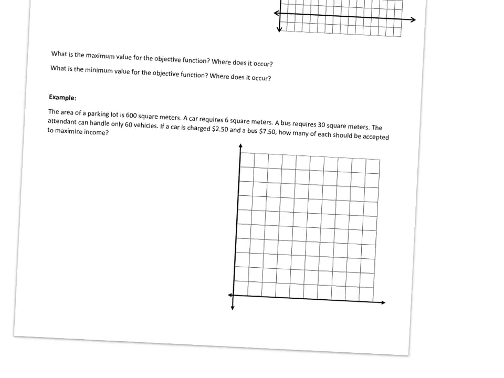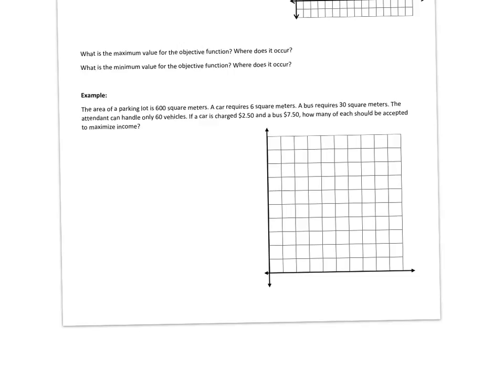So now let's look at this example, and I'm going to kind of walk you through an entire one of these, and then you'll have a few that you can do for it as well. Okay, so the first thing that you have to do is read through, identify your variables, and identify your constraints. So we have an area of a parking lot is 600 square meters, and we have cars and we have buses that are parking.